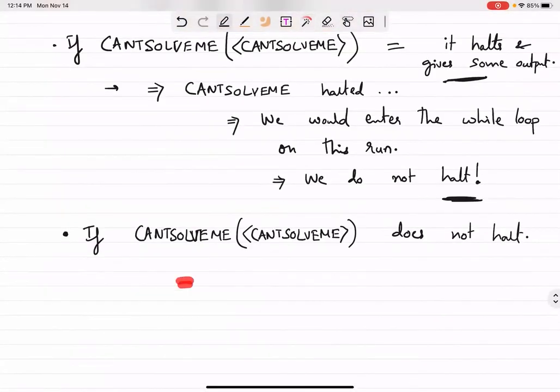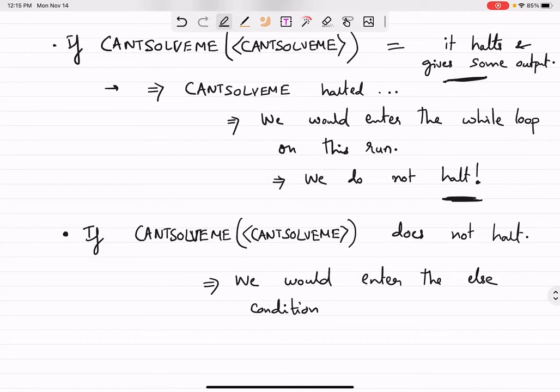So implies we would enter the else condition, implies we would halt. Okay, so that's again a contradiction. So no matter what we do, we are ending up in this bizarre contradiction, right?